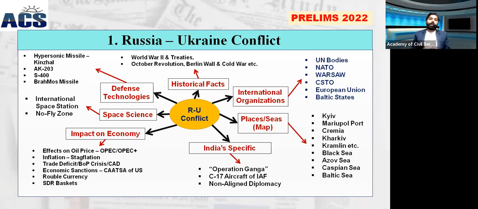You can adopt this strategy not only for current affairs preparation, but also for your static syllabus. If you study well from different dimensions and perspectives on the same issue of the Russia-Ukraine conflict, then if any questions are asked in the prelims, we will be able to solve them.